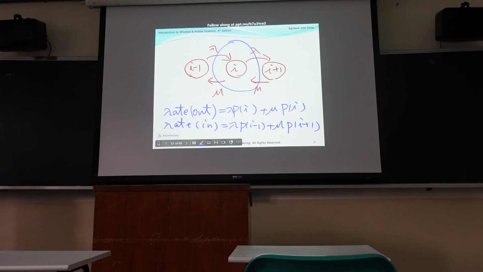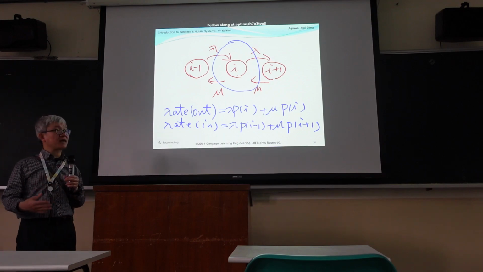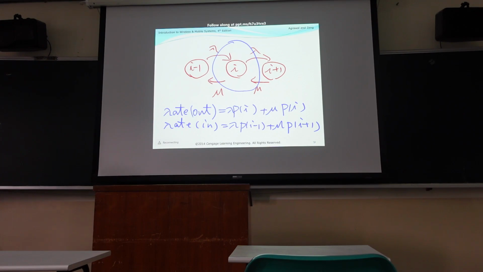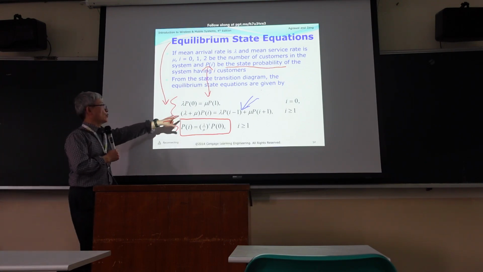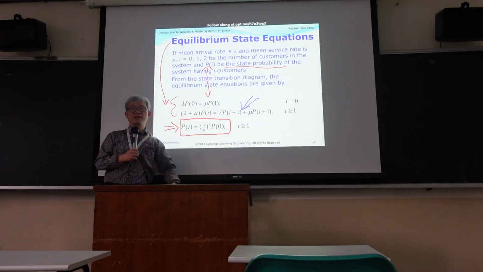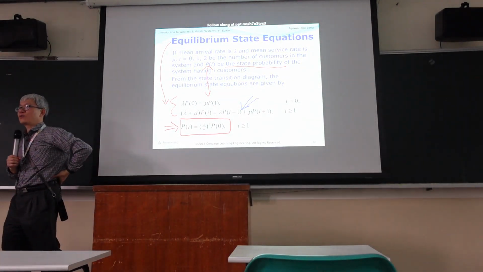And set the two rates to be equal, and so that we have the balance equation, right? So currently, is it okay? If it is okay, look at this. The second one. Right? So here is rate out, and the right hand side is rate in.